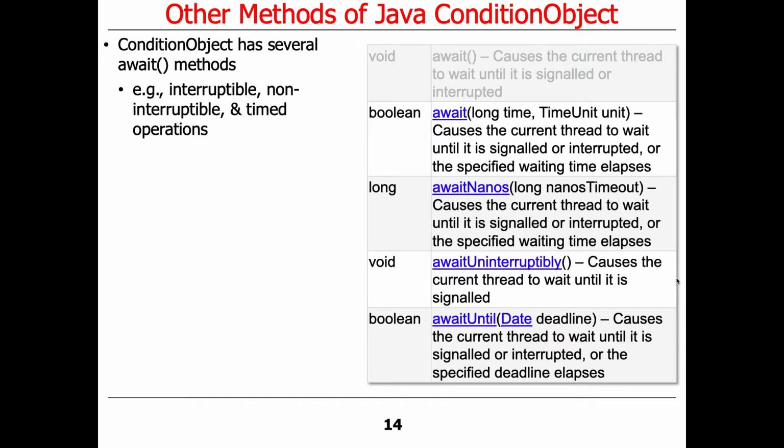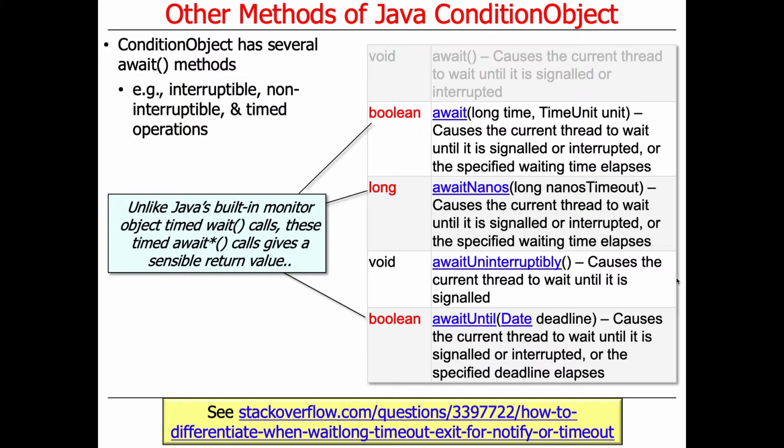There's await uninterruptibly, which says just wait till the cows come home, right? Till the thundering herd shows up. It says don't let me be interrupted by an interrupt. Kind of a dangerous thing to use in some ways. And then there's also await until, which waits until a deadline. So those are the other four await-related methods.